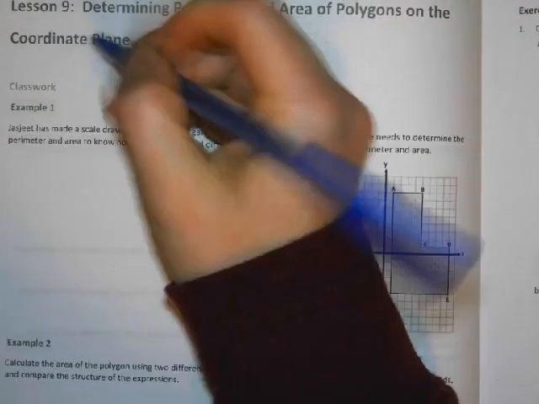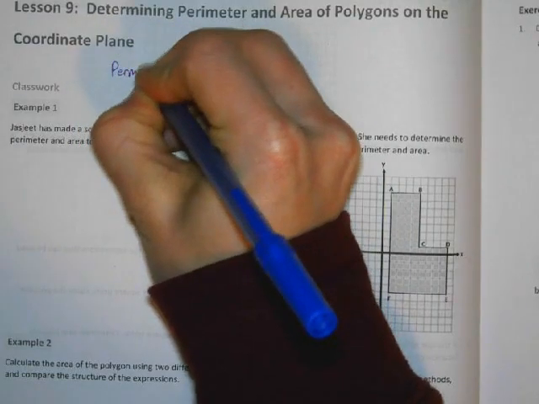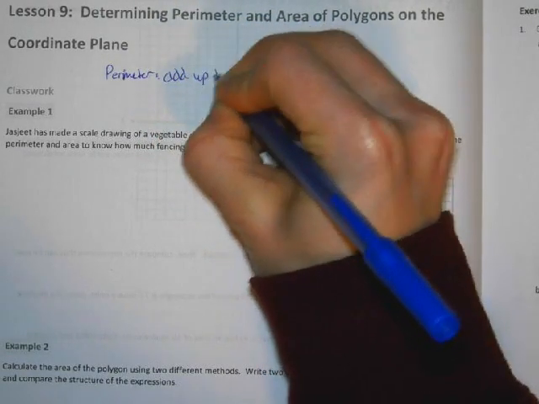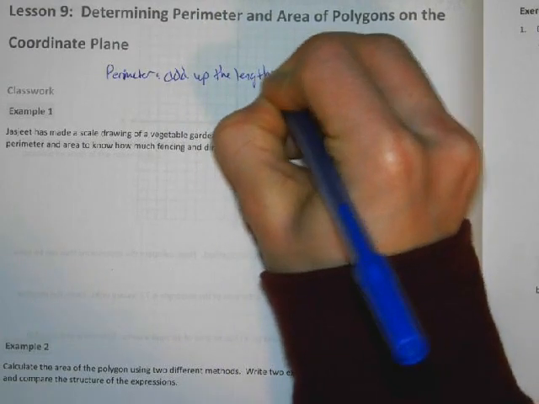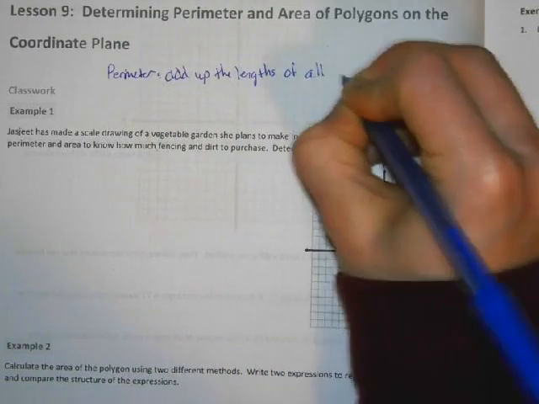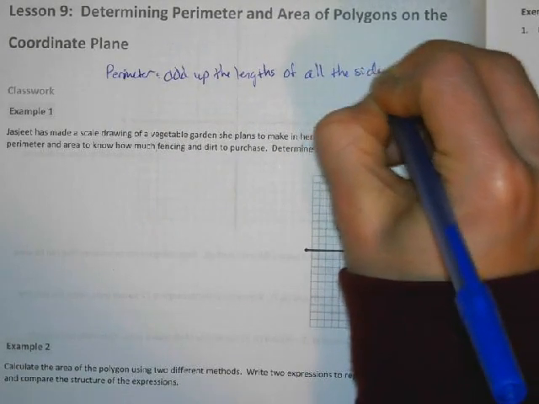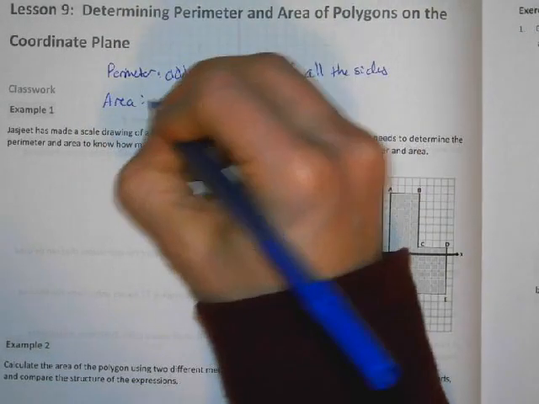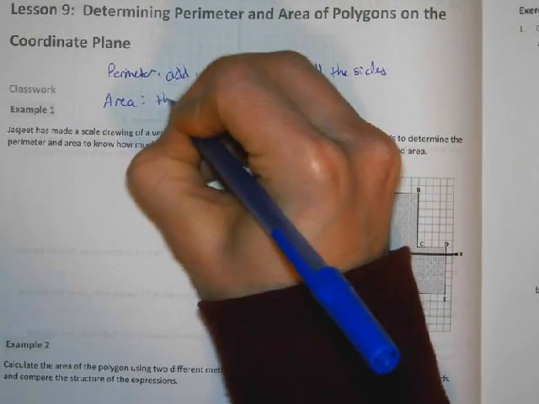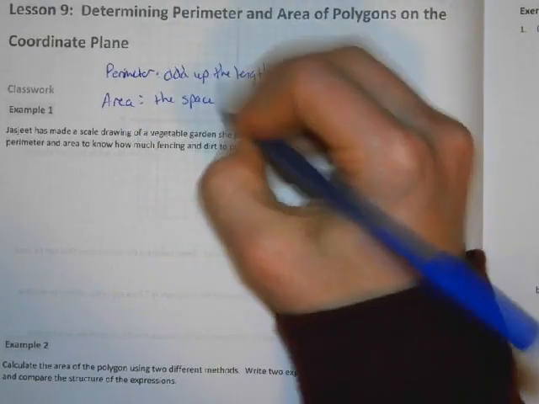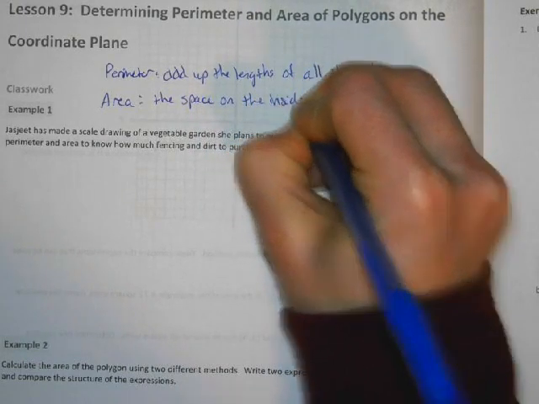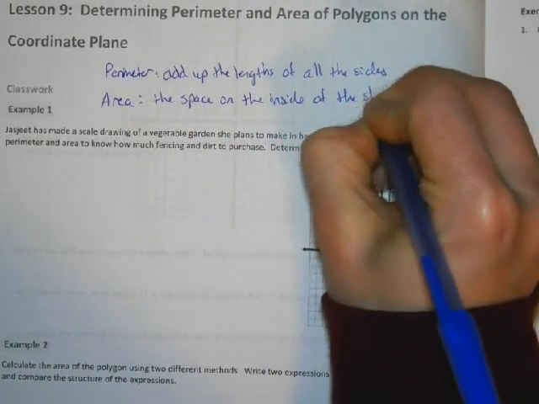So as a reminder, a perimeter is add up the lengths of all the sides, and the area is the space on the inside of the shape.